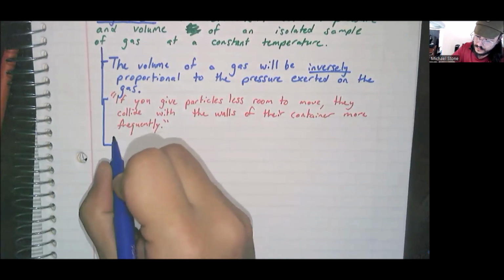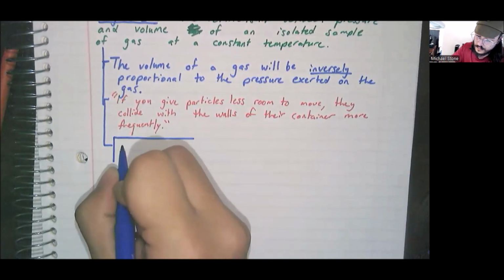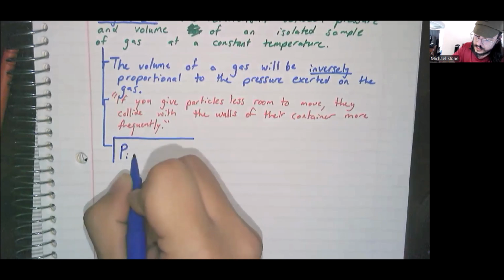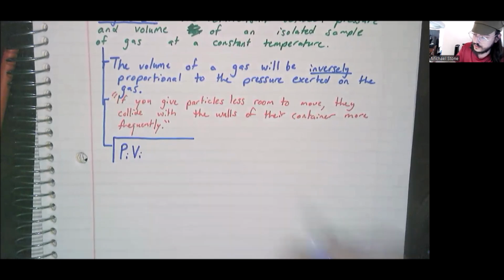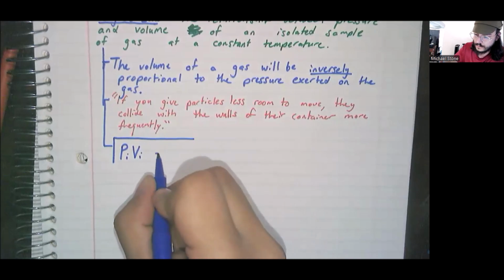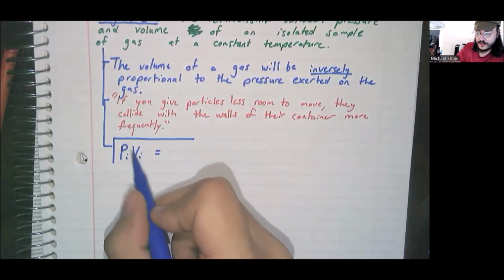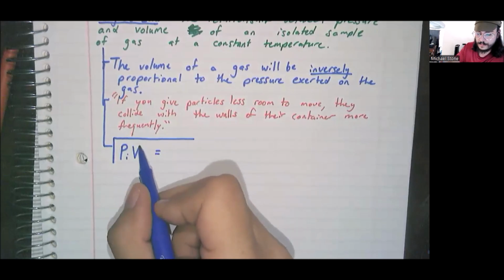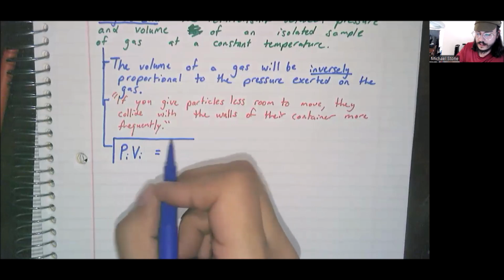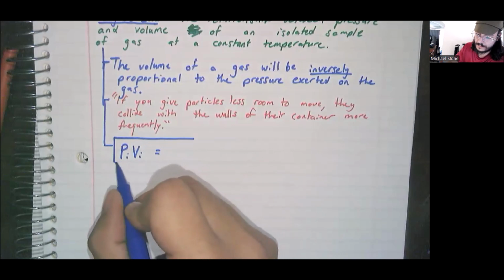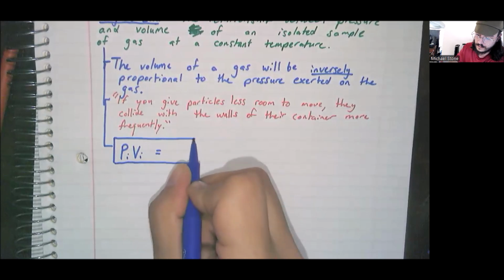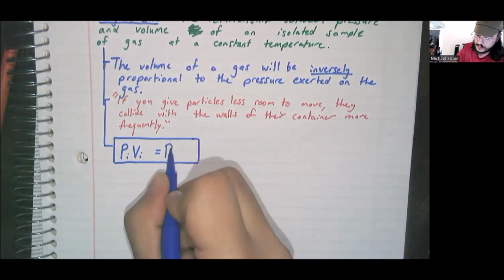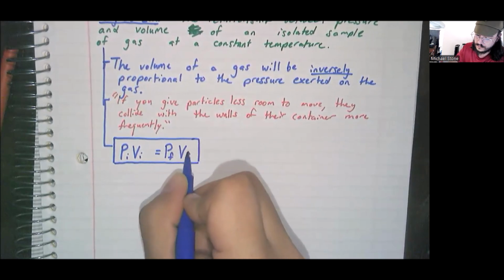And if that is the case, your initial pressure and initial volume, since they're inversely proportional, this one goes up and the other one would have to go down, and we end up with P final, V final.